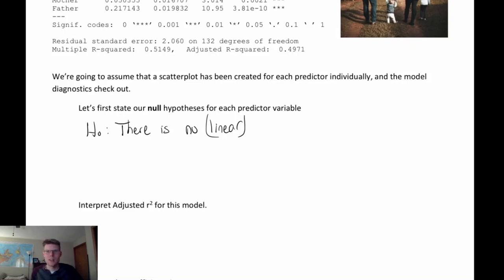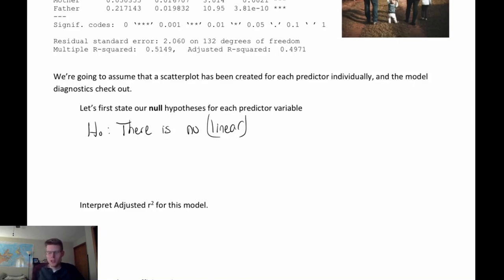Technically, if it was not a linear relationship, it would look kind of like this. That would show up as something in this test, because our test does not differentiate what type the relationship is, only that the relationship is non-zero. So the null is going to be that there is no relationship, and in parentheses linear, no linear relationship.